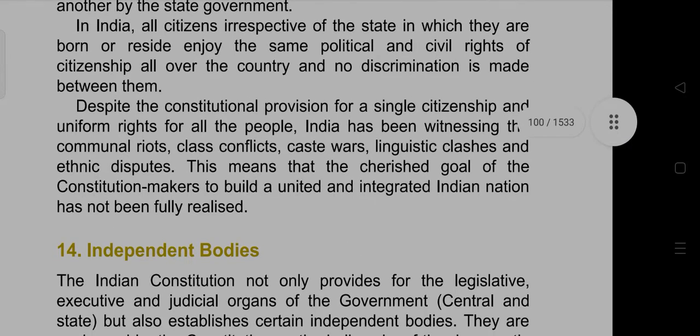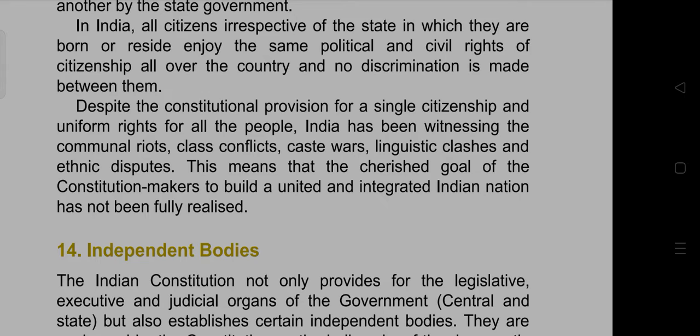In India, all citizens, irrespective of the state in which they are born or reside, enjoy the same political and civil rights of citizenship all over the country, and no discrimination is made between them.